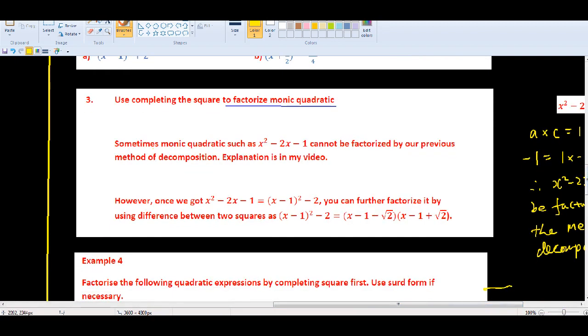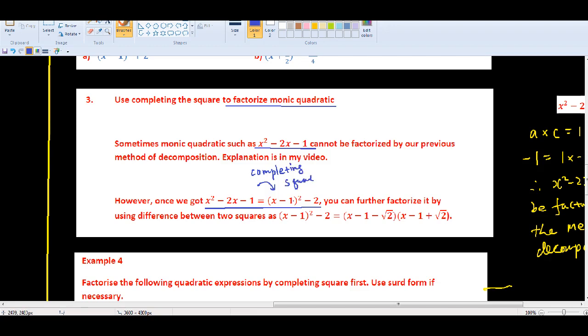Let's see. For example, if I got x squared minus 2x minus 1, which cannot be factorized by the previous method of decomposing, what you can do is rewrite that into the completing square form. So here is the completing square. This process is what we call completing square.